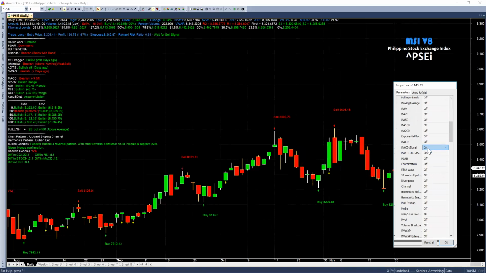Okay, you can switch this on. So yung MACD is your blue arrow up. So merong mga times na nagkakasabay sila ng paglabas ng MSI indicator natin. Meron din namang times na magkasunod lang sila.